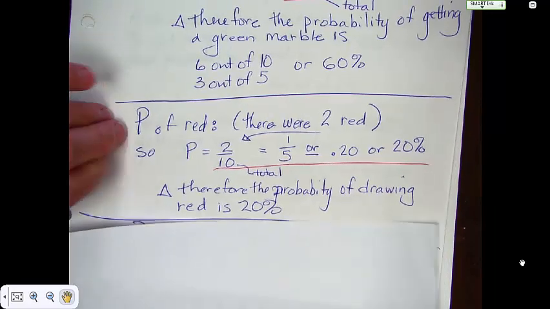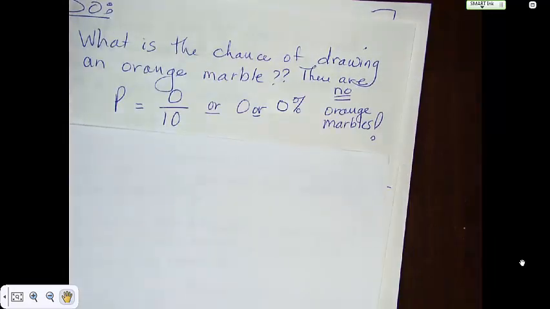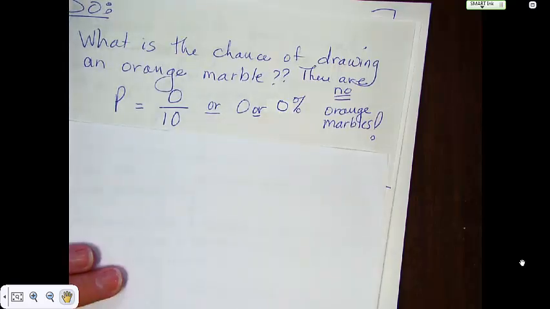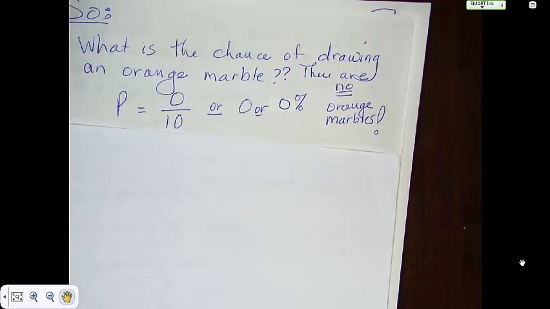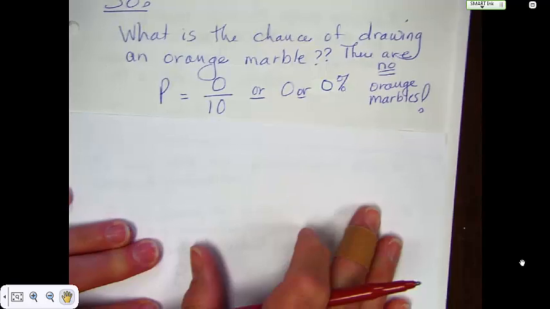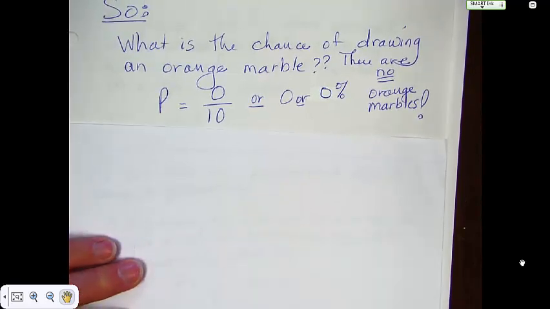Now, we had another color in that bag, and it was black, I believe. And there were 2 black as well. So, the probability of drawing a black, 2 out of 10, 0.20, okay, 20%. But what is the chance of drawing an orange out of the bag?